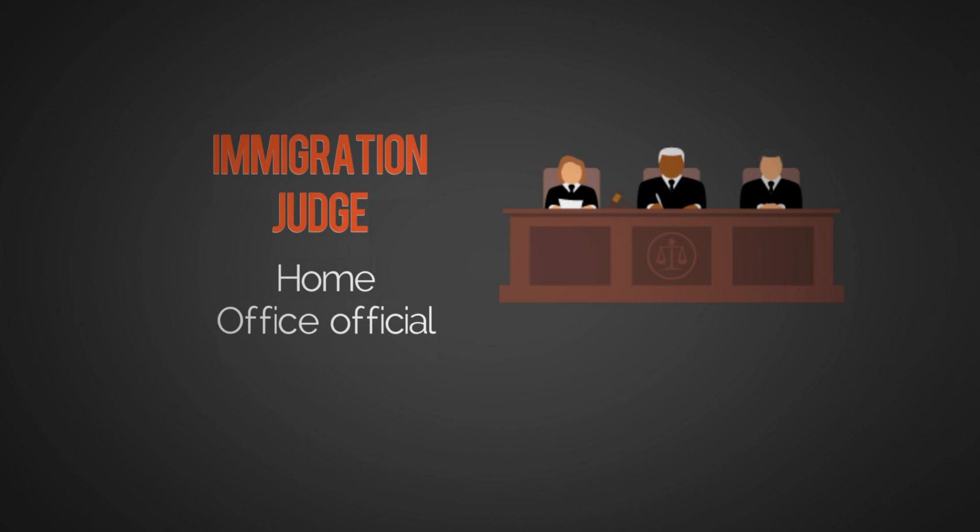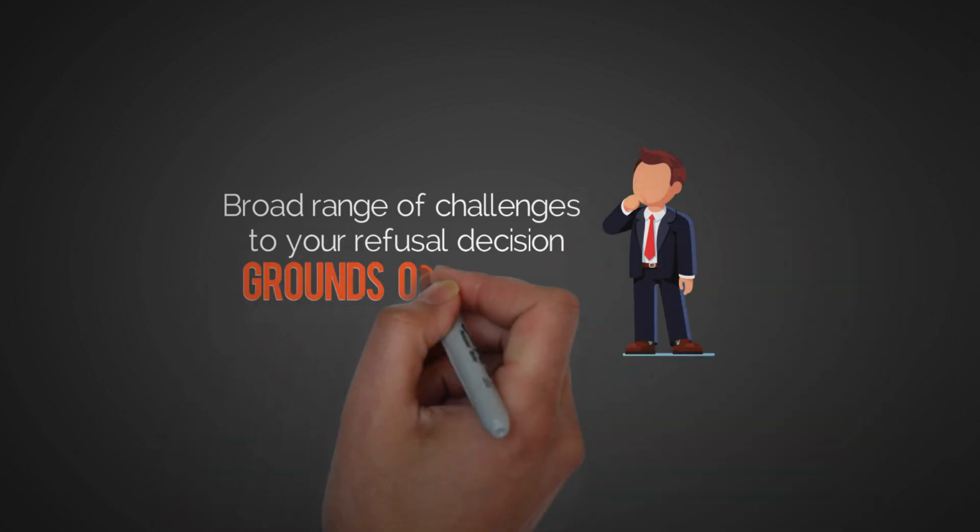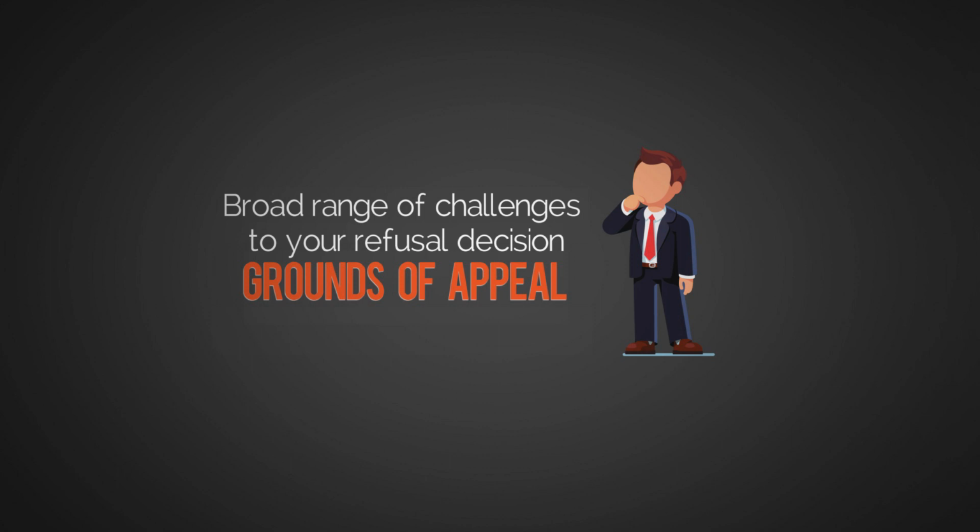So although the UK government has severely restricted rights of appeal and replaced them with administrative review, there are still a broad range of challenges your refusal decision can then trigger when you bring your grounds of appeal, and you need to be able to argue that your decision amounted to refusal of a human rights claim. As I say, if you haven't actually brought a human rights claim, actual or implied, then this will not be available.